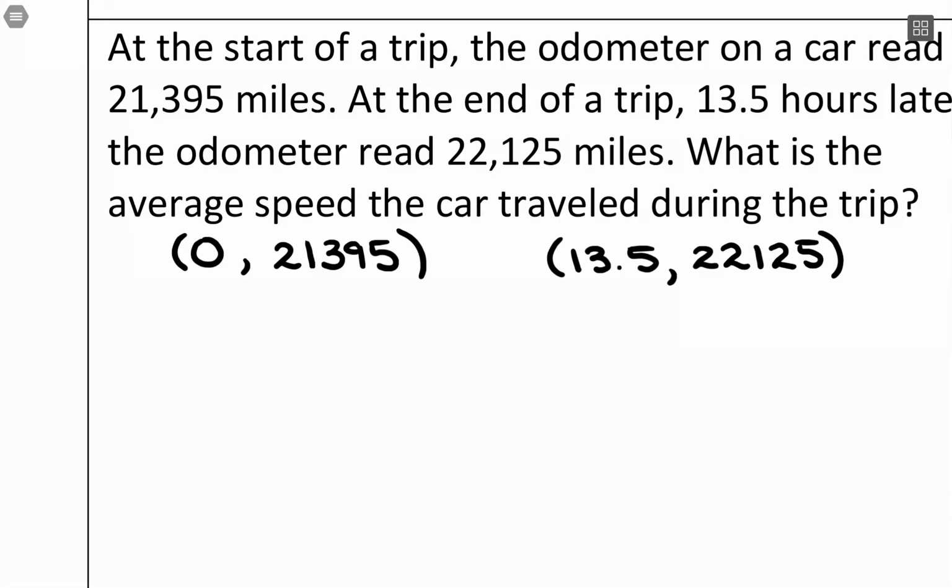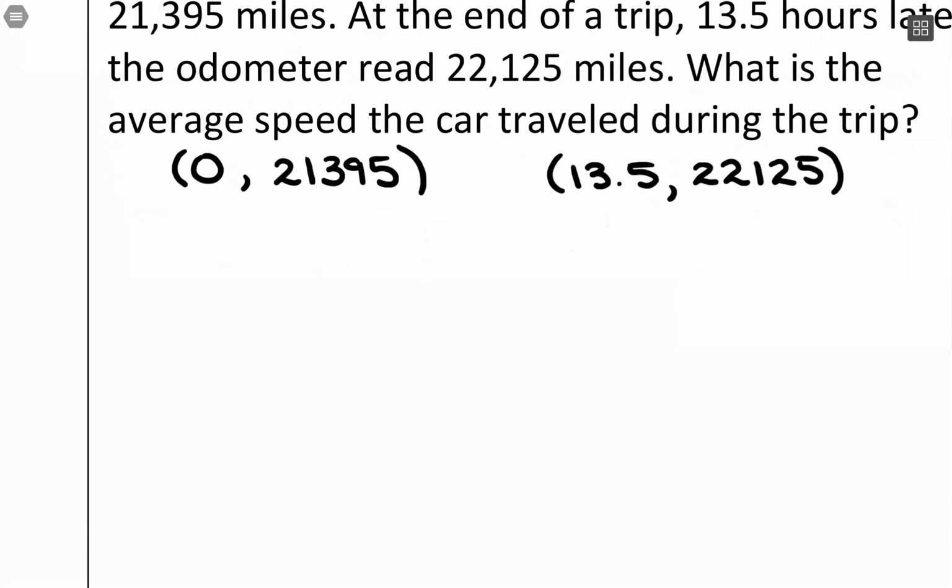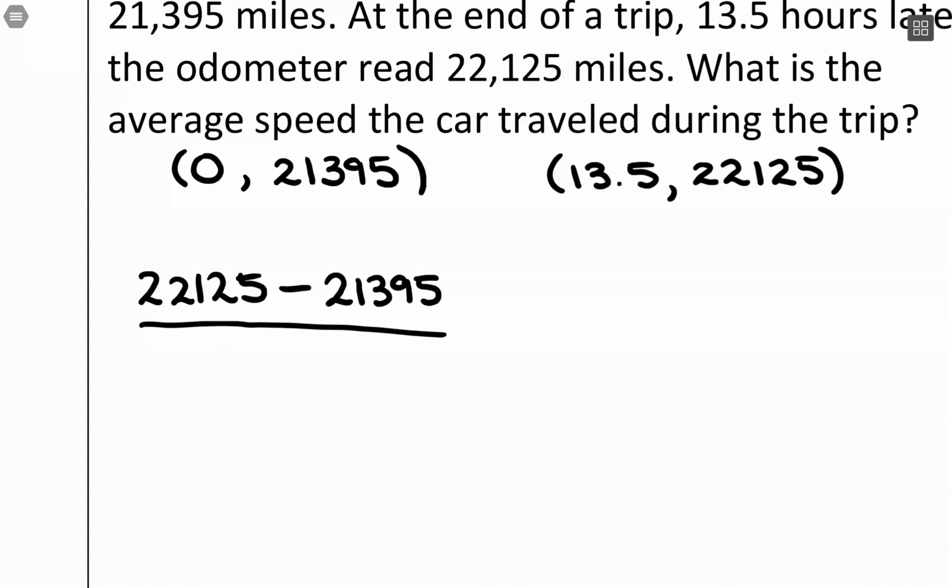So for the average speed, what we're going to do is take the difference in the odometer readings, so 22,125 minus 21,395, over 13.5 minus 0.